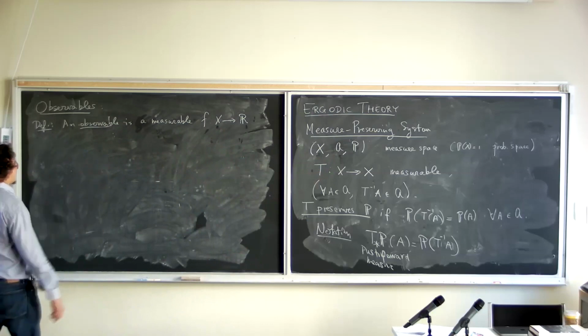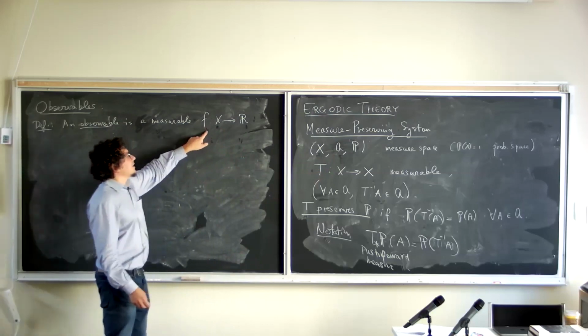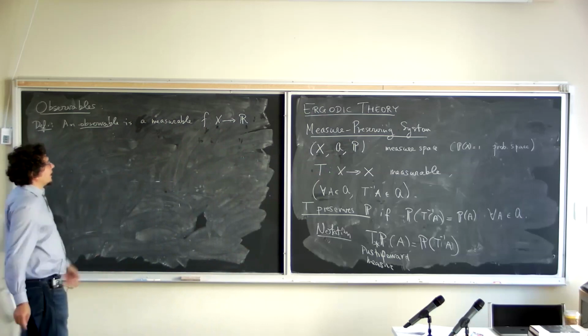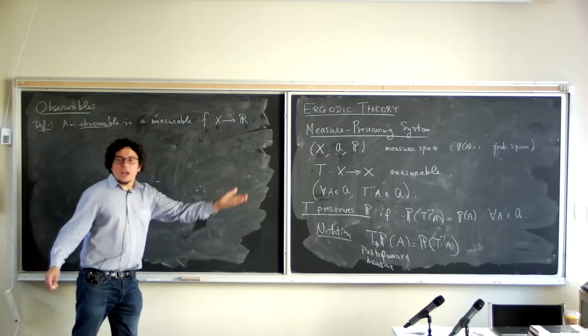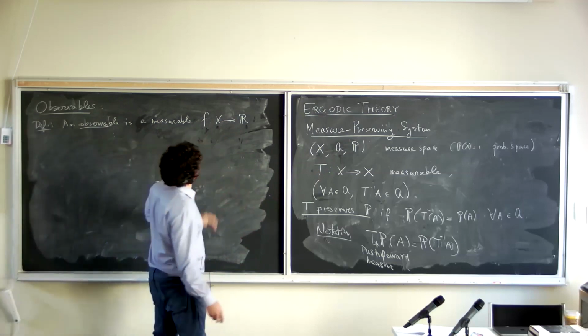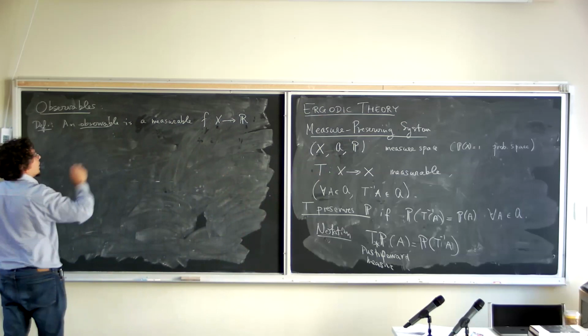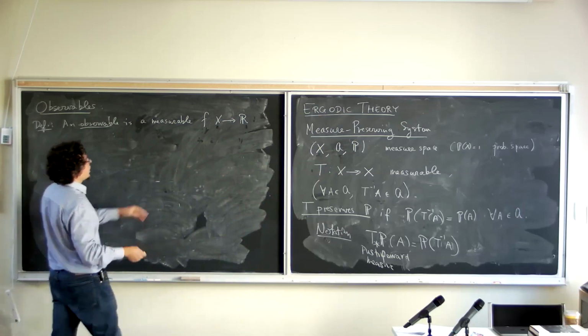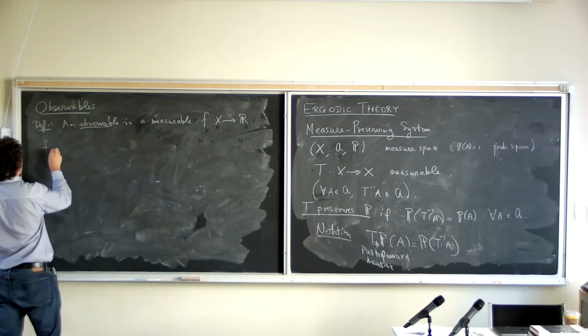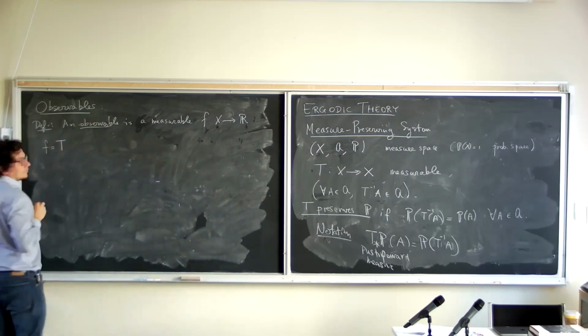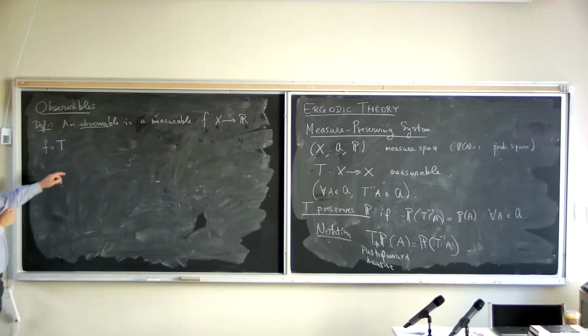And so again, what does this mean? For instance, the usual example would be the temperature. So f measures the temperature today. And then we can study the composition of f and T. If you look at f composed with T, this means you take the universe, you look at tomorrow, and then you measure the temperature. So f composed with T would be the temperature tomorrow.